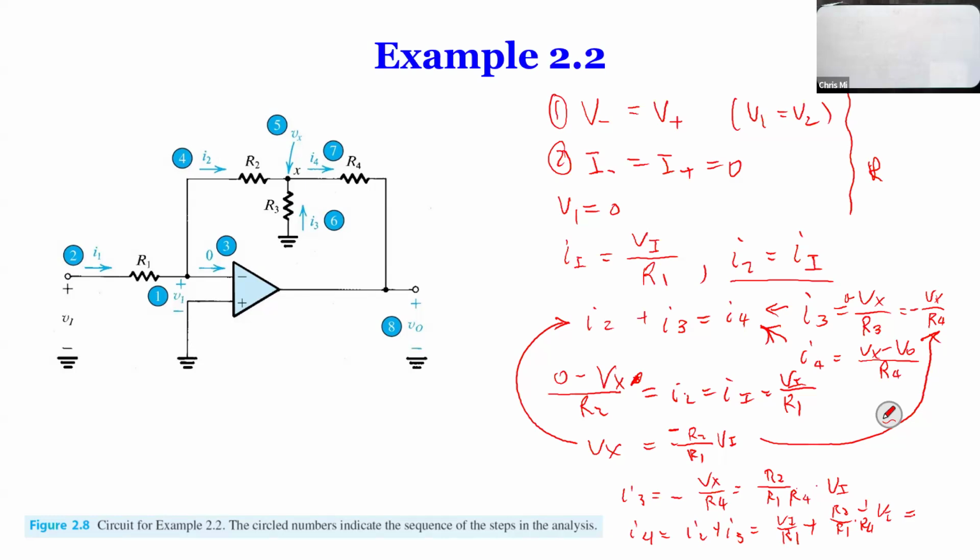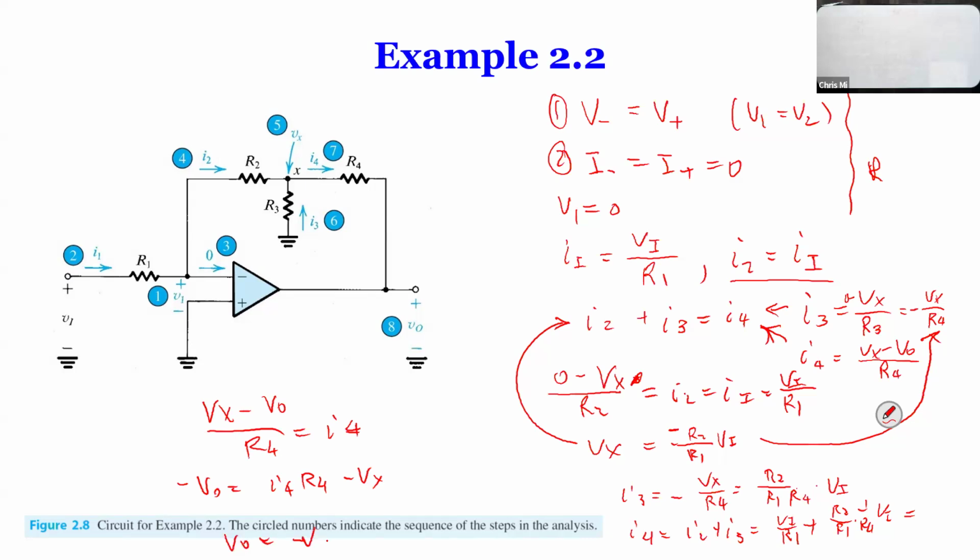Now finally, we know that Vx minus Vo divided by R4 gives you I4, right? So we know that Vo is going to be Vx minus I4 times R4. We just multiply R4 on both sides, and move Vx to the other side, then multiply both sides by a minus sign.